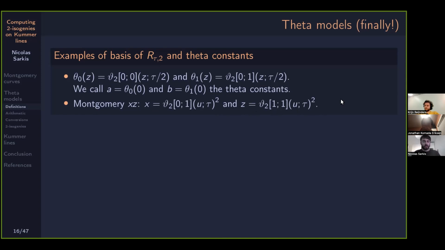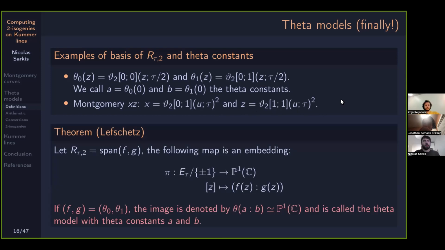And why we did that is we have a theorem by Lefschetz. If you take a basis of R tau 2, then you have an embedding to the projective line. If you take a point on an elliptic curve up to a sign, you can send it to the projective line with this map.